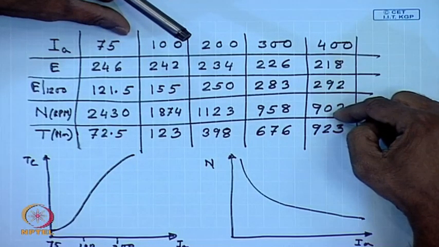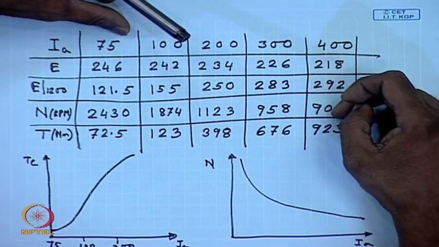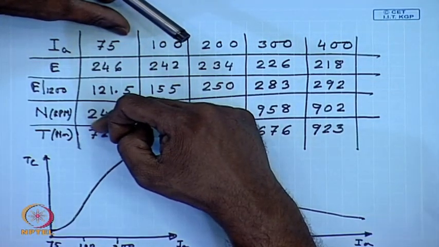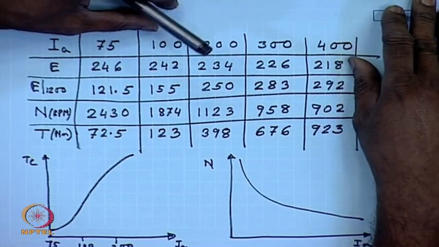However, it has to be remembered that a DC series machine does not have intrinsic no load speed. In fact, if the load on the DC series machine goes on reducing, the speed can increase dangerously. For example, we have seen here the speed was 900 rpm at 400 ampere, whereas at 75 ampere the speed has become almost close to 2500 rpm, which is an increase by a factor of more than 2.5.